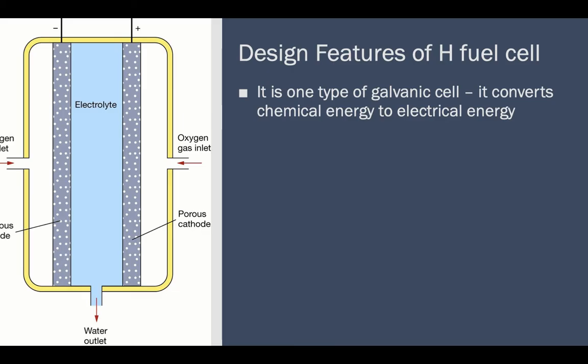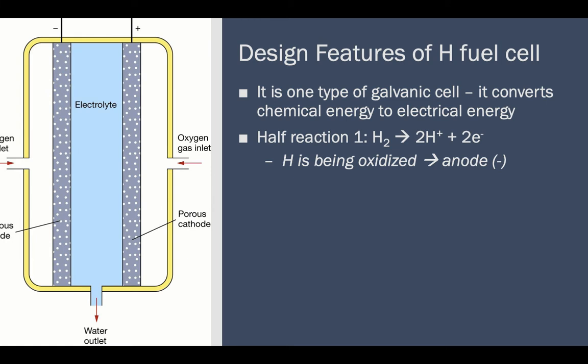Now let's start. First of all, fuel cells are galvanic cells. They convert chemical energy to electrical energy. In this case, it's a hydrogen fuel cell. The half reaction for the anode is when hydrogen loses electrons to become hydrogen cation. It's being oxidized, that's why it is the anode.